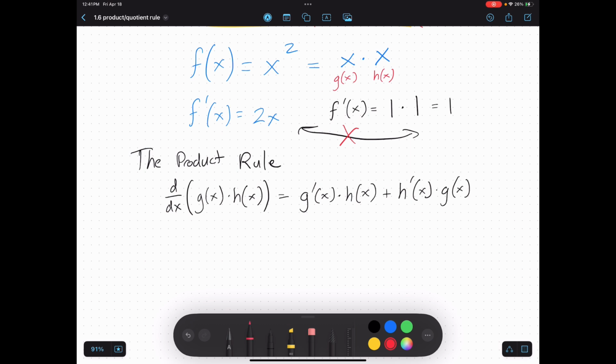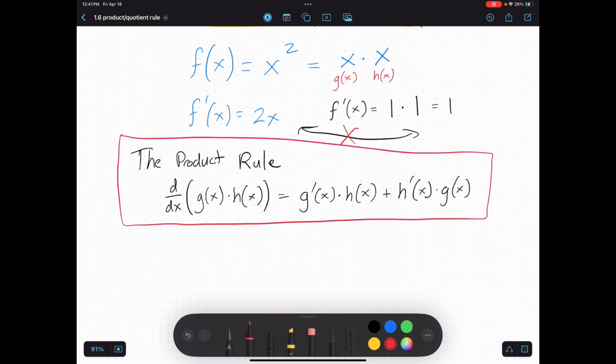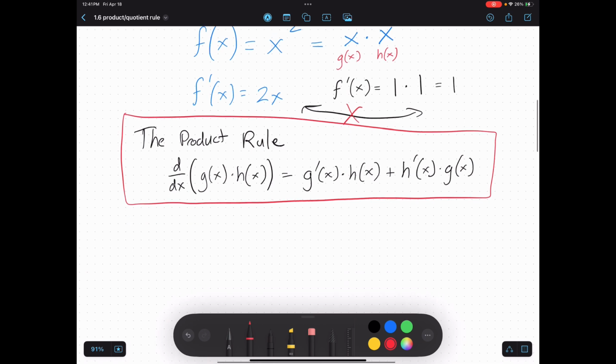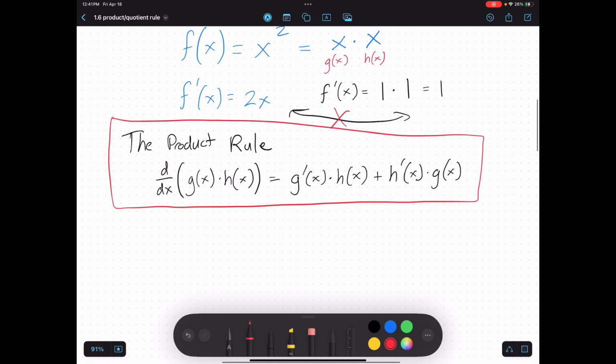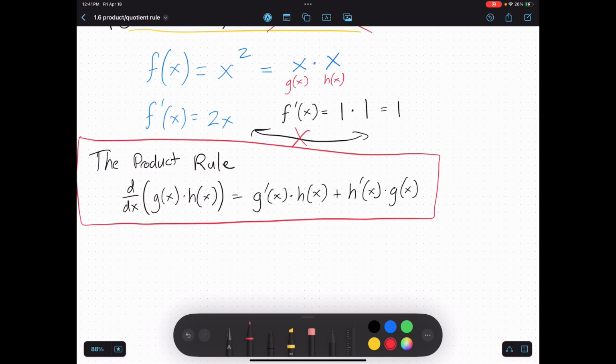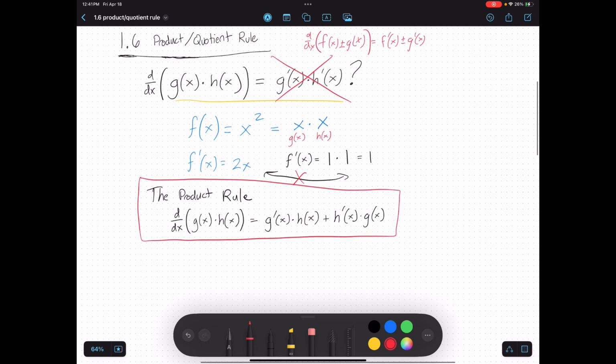And that's what's called the product rule. That's how you take the derivative of two functions that are being multiplied together. Interesting, huh?